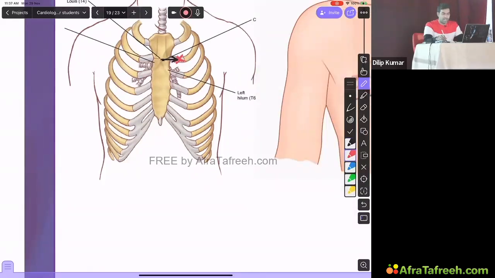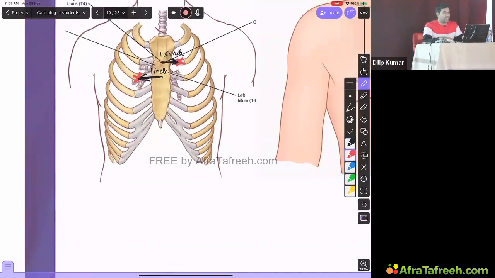Second, you are going to mark a point at the right third costal cartilage, approximately 1 inch from the midline. This is 1.5 inch from the midline, and this is 1 inch from the midline. That is the right third costal. Then note the fifth intercostal space. Where is the fifth?